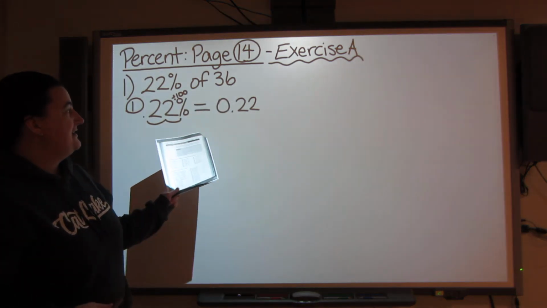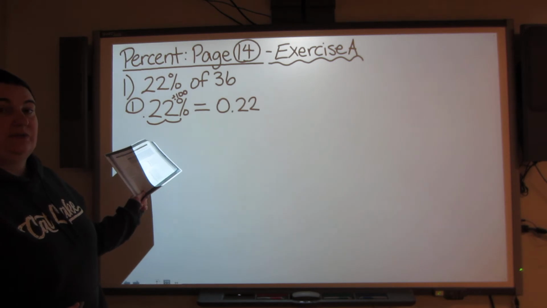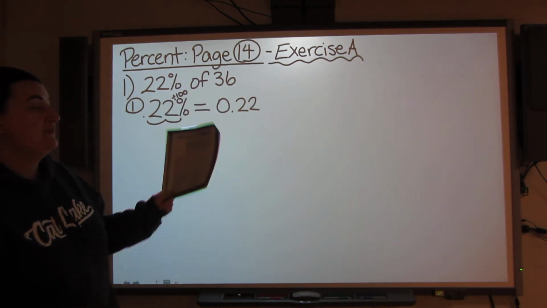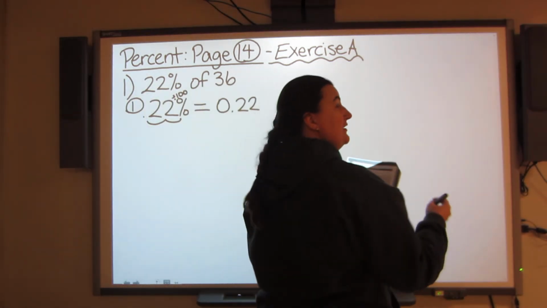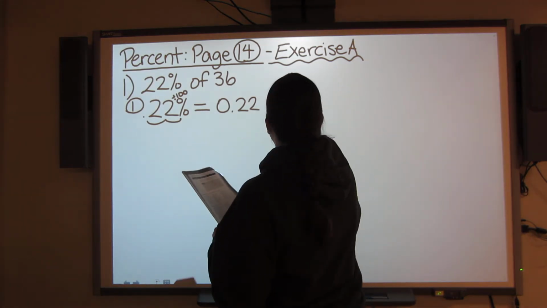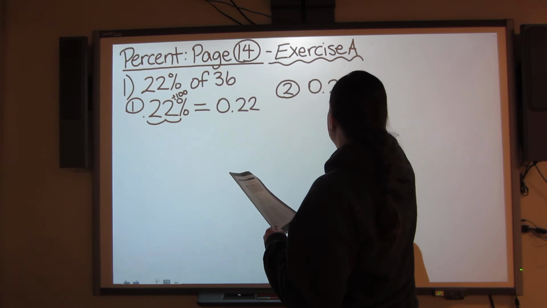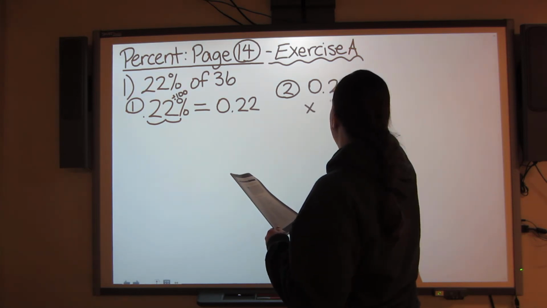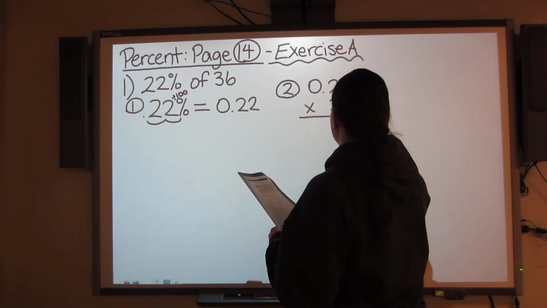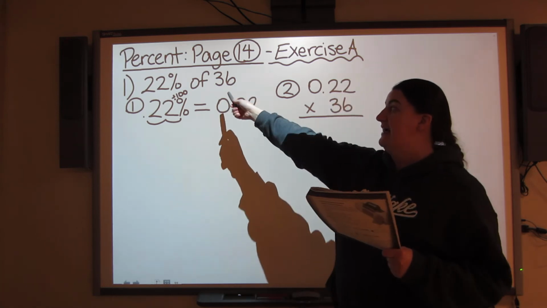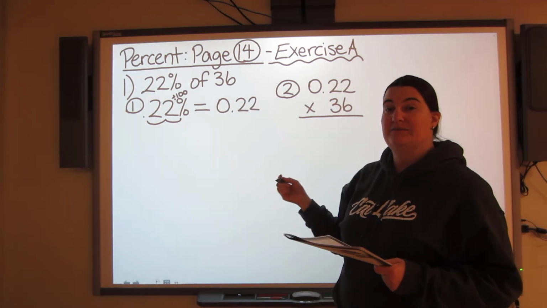Now that you have your decimal, step 2, you take your decimal and you multiply it by the number that you're working with. So, step 2, take your 0.22 and multiply it with your 36 to find the percent of 36.